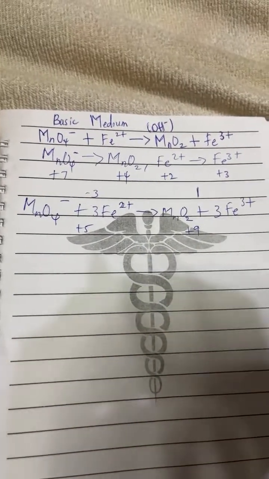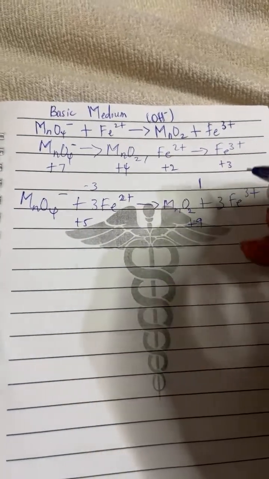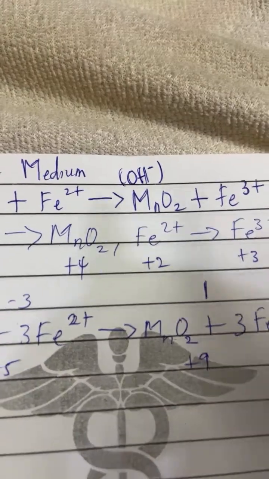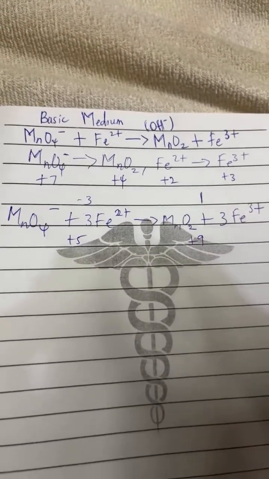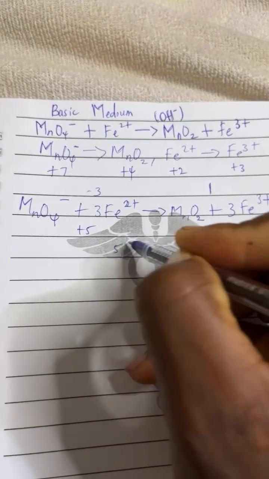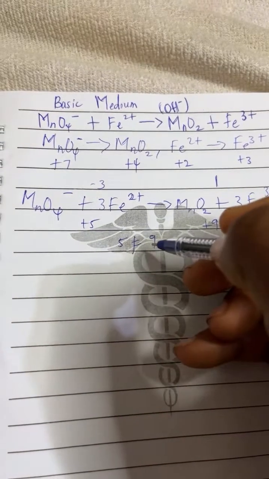So now, what you have to do is to balance. This is a basic medium. You need to balance with what? OH minus. You need to take the rich to the poor. Don't forget that thing. 5 is not equal to 9. Which one is richer? Which one is higher? 9 is higher.